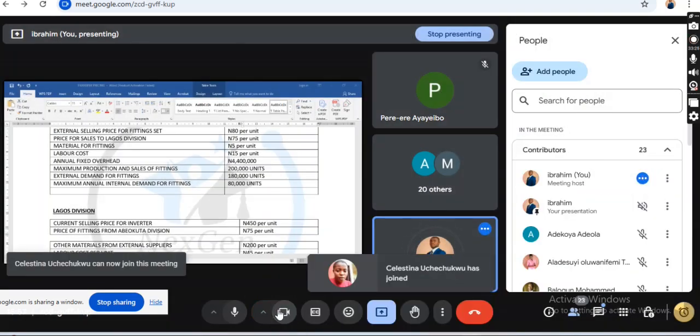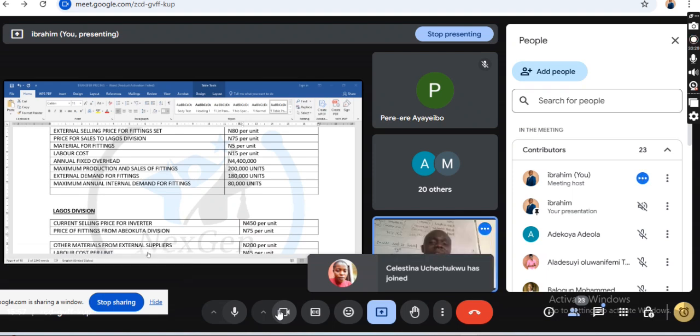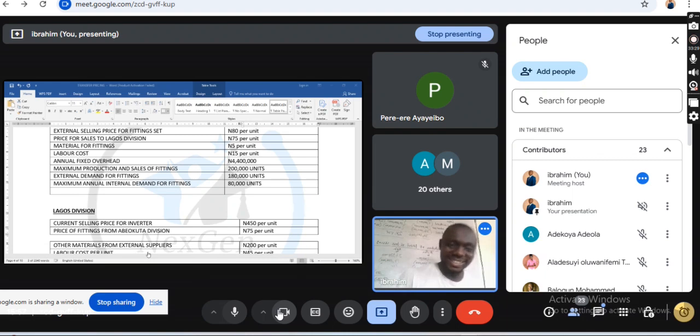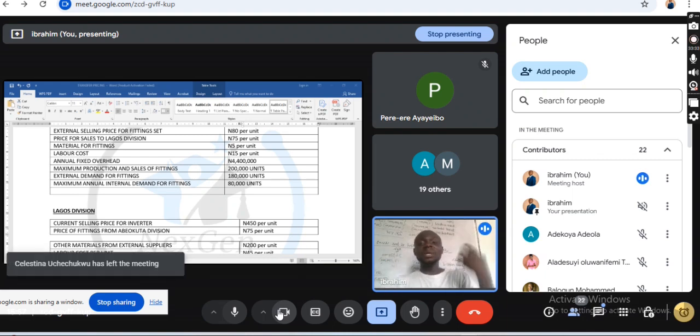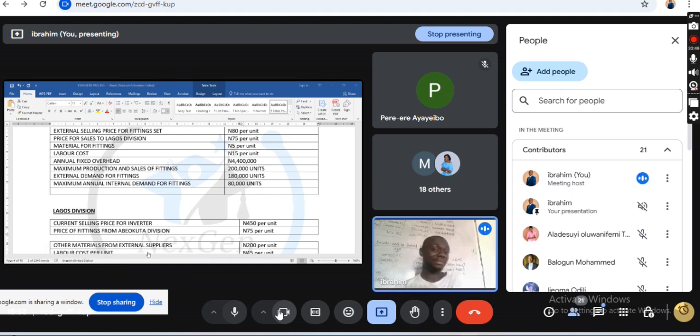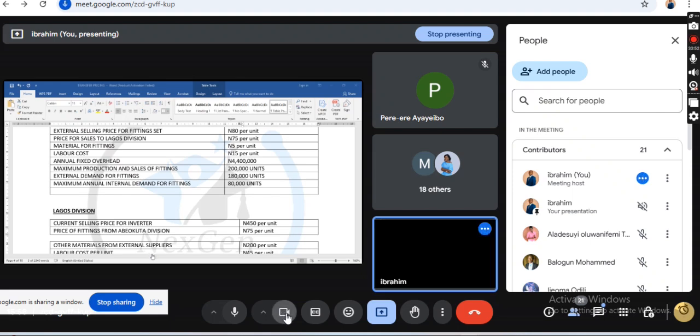You make a multiple gain, right? You make more profit. Lagos will make more profit than Abeokuta, despite the fact it is buying from the selling division. But let's see.